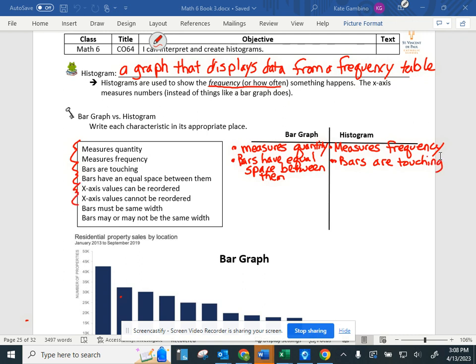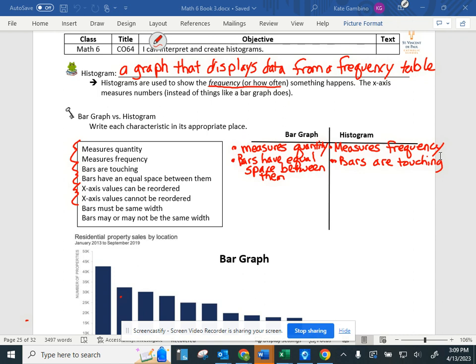Next, we have the x-axis values on the bottom. So the values can be reordered. It doesn't matter the order that we put our items in on the bottom. Where the other one, it has to be in a specific order. Thinking back to our injury types, doesn't matter if our first bar is the back injury, or if that first bar is falls, or the first bar is whatever.